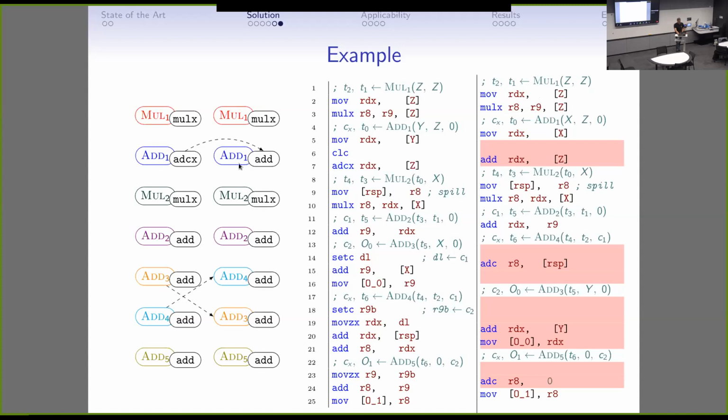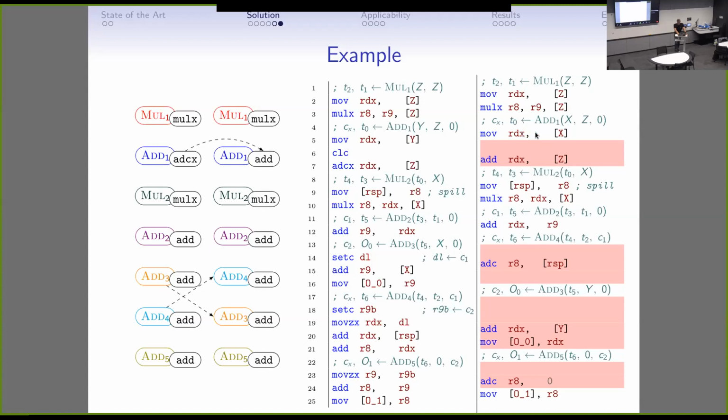For our second multiplication, which is here, the second multiplication is X, and X is read from here. That means that T0 must be in RDX in order to multiply, right?